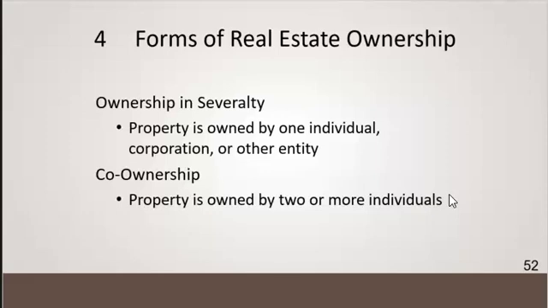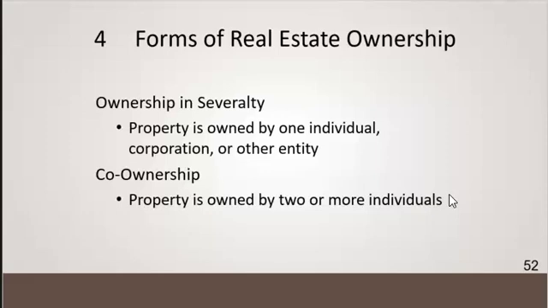Now, the easiest and simplest way to own property is one person who owns the property. It's going to sound funny because it's called severalty. All right? So everybody say several-ty. That's how it's pronounced. While several sounds like many, that's not where the basis of the word comes from.